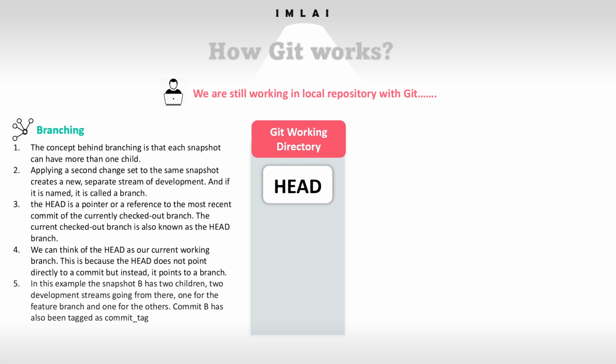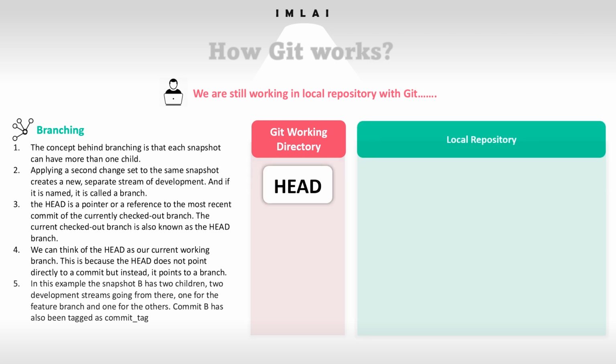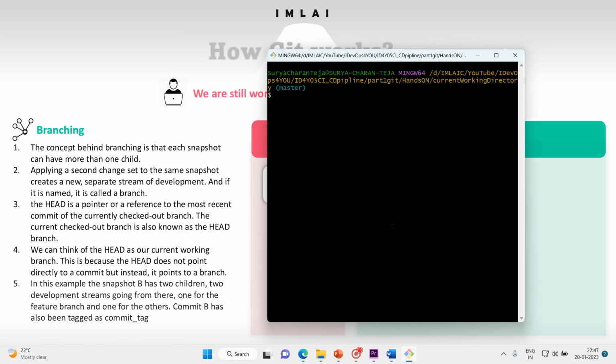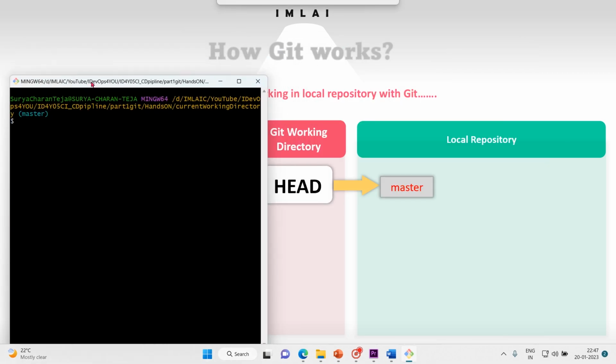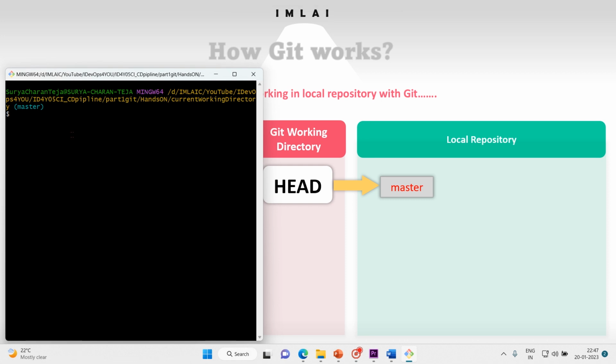This figure illustrates this with a simple branch structure in Git. The branch is a master branch. Basically, the HEAD is pointing towards the master branch because we are presently inside the master branch. If you want clarity, we are in the master branch only. Let me keep this here so it would be much clearer for you.